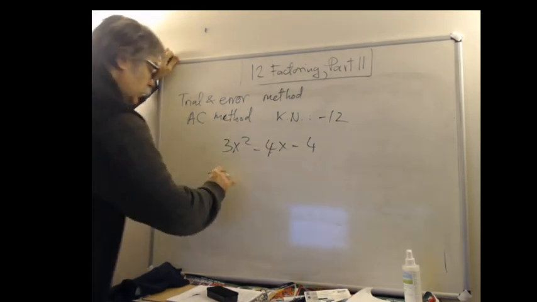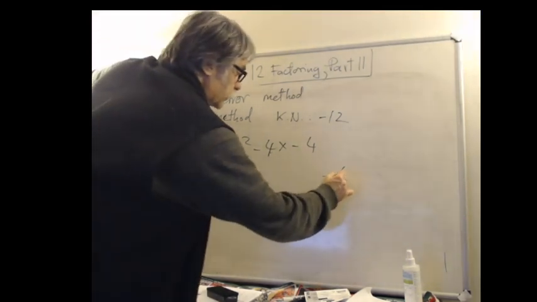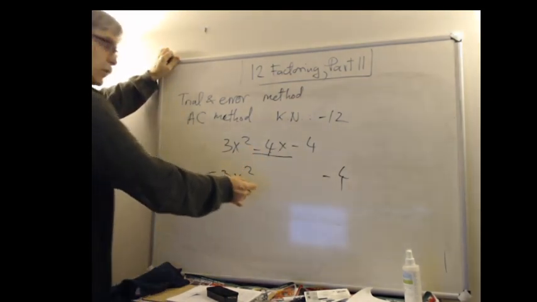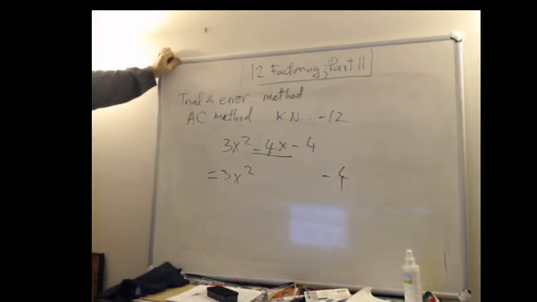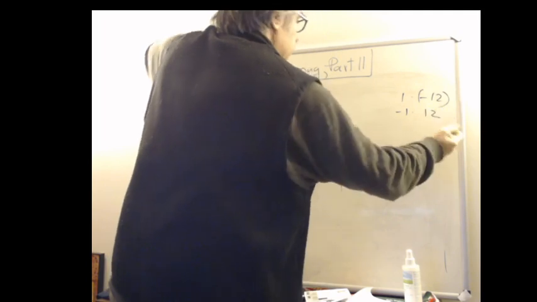Okay, now you got 3x squared, you got negative 4x, and this one ought to be separated into 2 numbers whose product is negative 12. So how do you get negative 12? 1 times negative 12, negative 1 times 12.